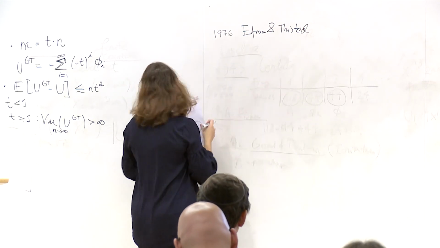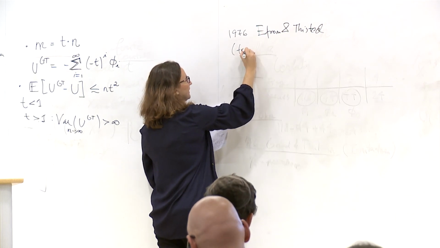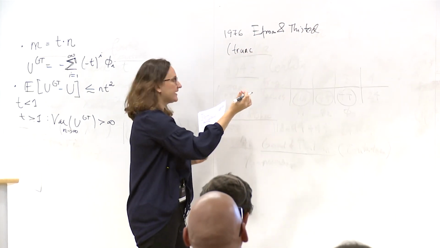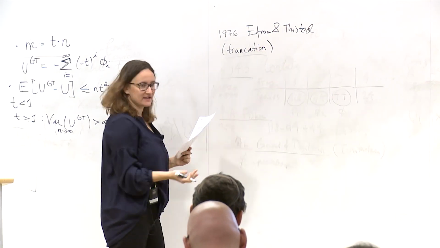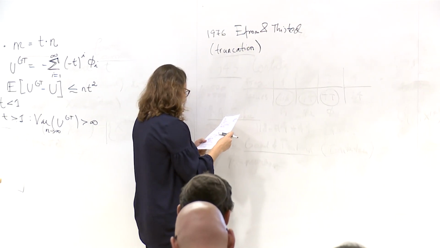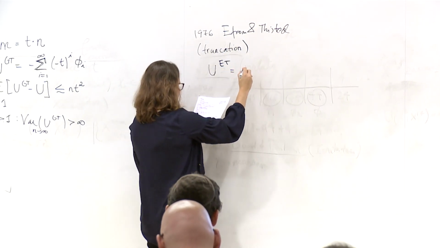So what they proposed for dealing with the instability of this term was a very simple variance reduction technique. And they simply said, we're going to truncate it. So then they looked at estimators that had this particular form.